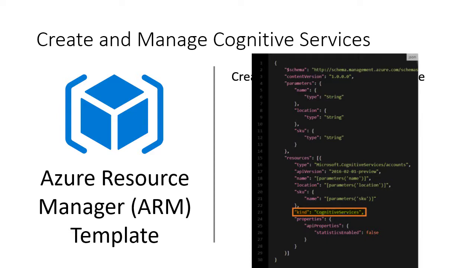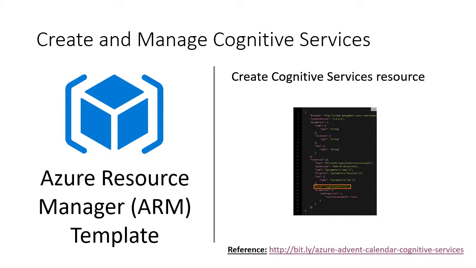Again, as you can see, I highlighted the kind parameter where you can specify the kind of service that you want to actually use. This reference is actually to my GitHub account, where I created complete ARM templates as an example for you of how to create a cognitive service account.